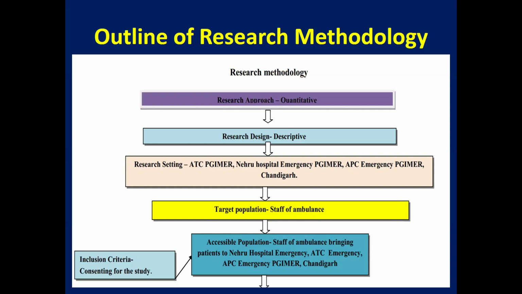This is our target population. And what about inclusion criteria? The staff of ambulances who gave written informed consent for this study, who are willing to participate in this study. And there is no exclusion criteria in this, okay?